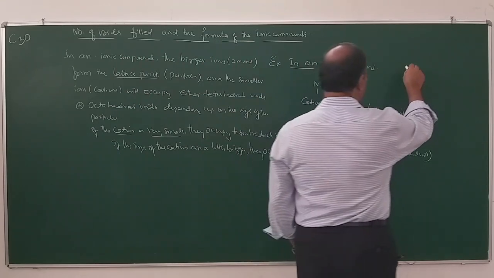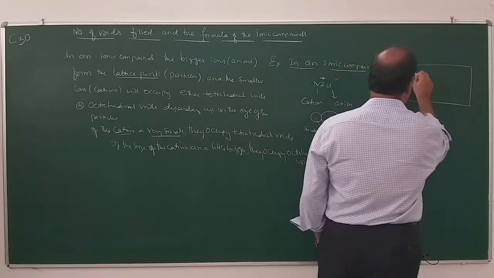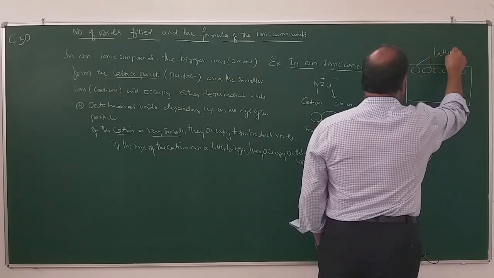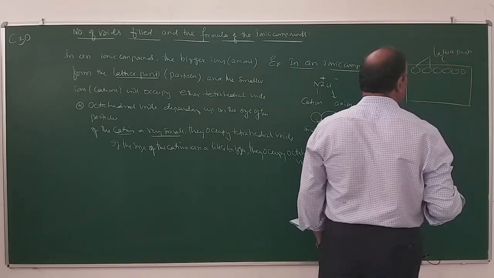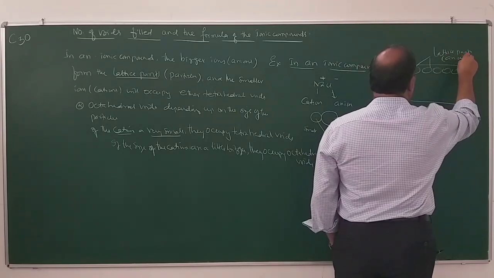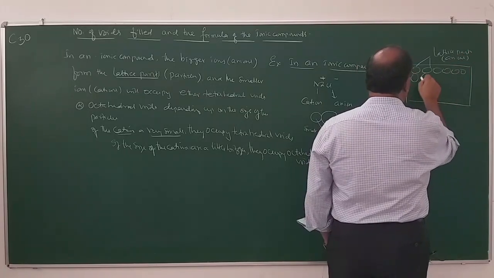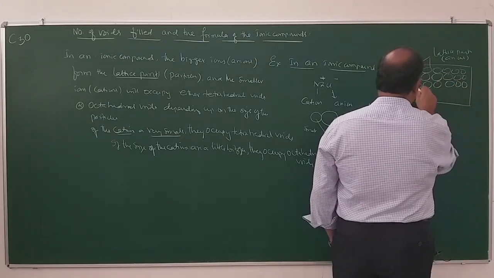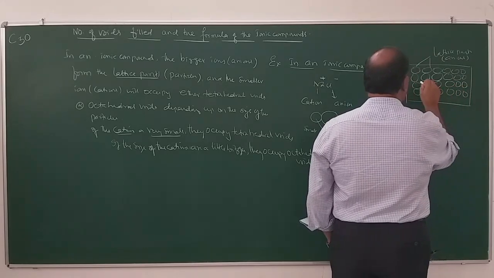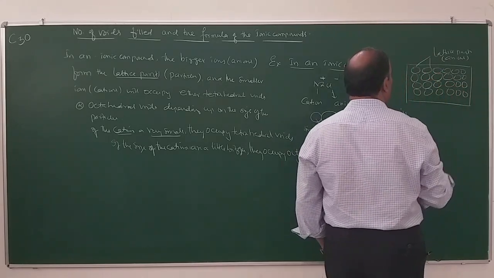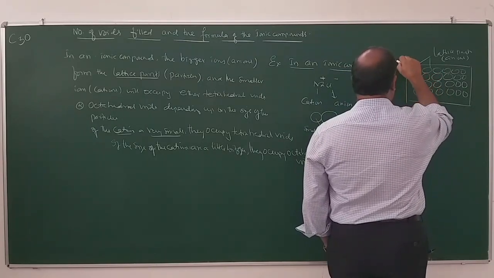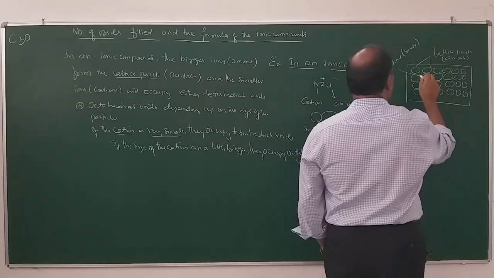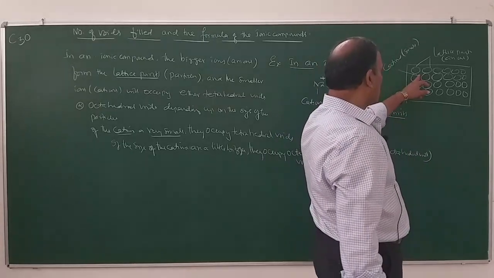So suppose this is the structure of the crystal lattice. So these are lattice points. These are lattice points. So lattice points are nothing but anions, and the empty space is occupied by cations since they are small. Smaller cations occupy voids. The empty space is called voids.